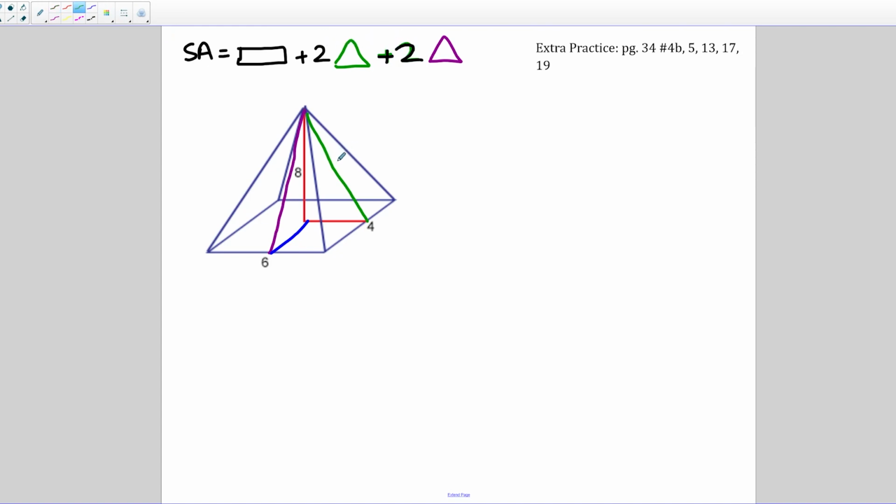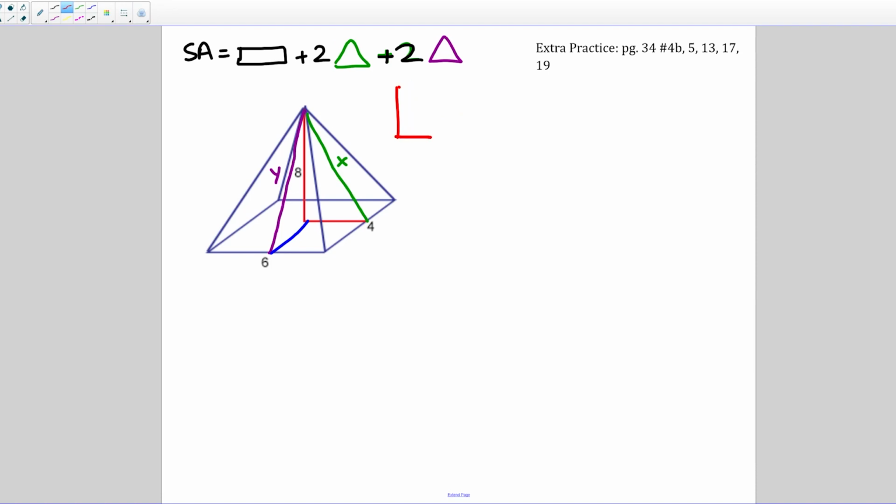So from here, let's go ahead and draw our triangles on the side. And maybe before that, I will give the green line a value of x and the purple one a value of y. And then we can flatten these out into a 2D triangle. So let's start off with this red and green triangle.